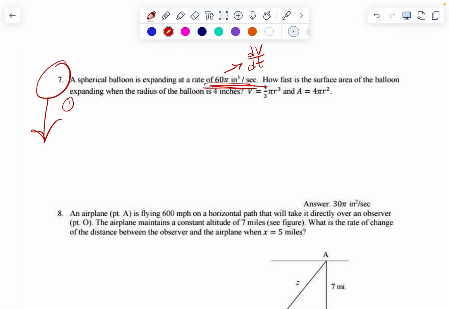Anyway, I don't know how useful a picture is going to be here. I'm going to follow the steps though. So R, we know nothing about R, right? Not generally, but specifically, maybe I'll draw that a little bigger. Specifically, the radius is 4 and dV/dt is 60 pi.